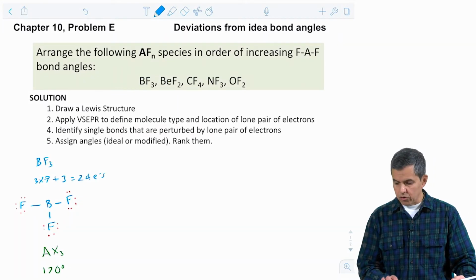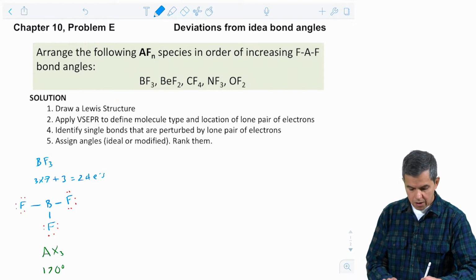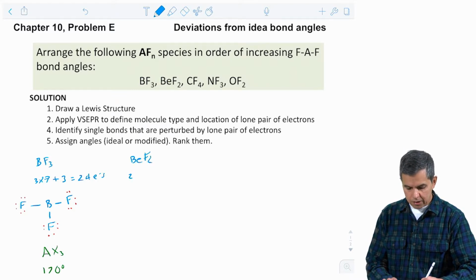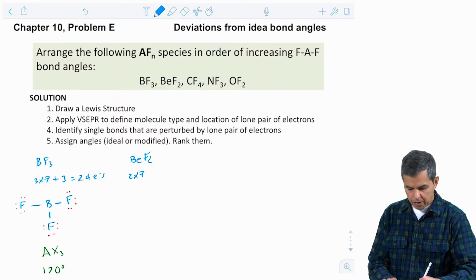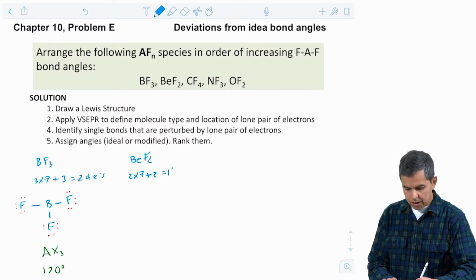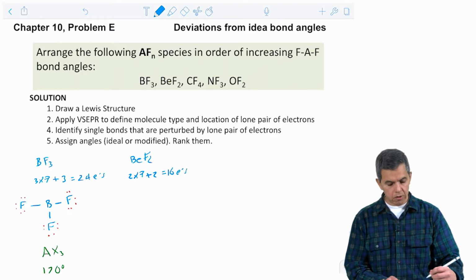Let's work on the next structure, which is BeF2. This one has 2 times 7 electrons for fluorine plus 2 electrons for beryllium. That's 16 valence electrons.